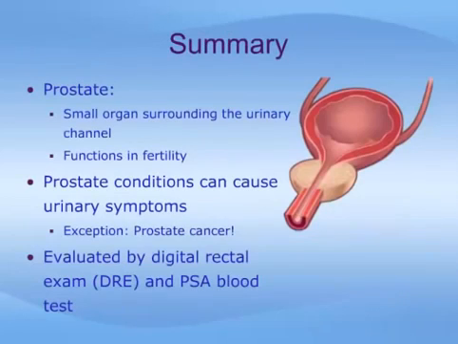In summary, the prostate is a small organ surrounding the urinary channel that plays a role in urine control and fertility. Conditions affecting the prostate can cause urinary symptoms. However, prostate cancer is usually detected before any symptoms appear. The prostate is first evaluated by digital rectal exam and the PSA blood test, which is the most sensitive tool available for detecting the presence of prostate cancer before symptoms appear.